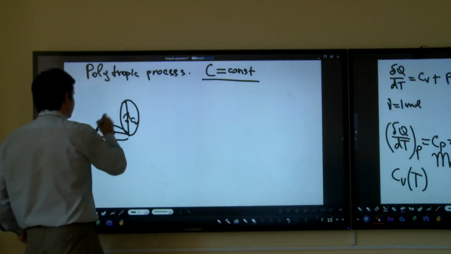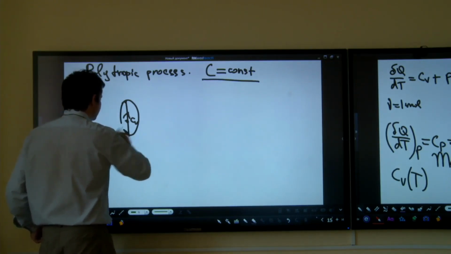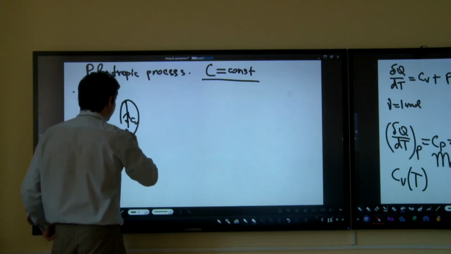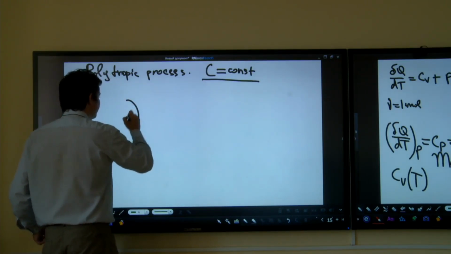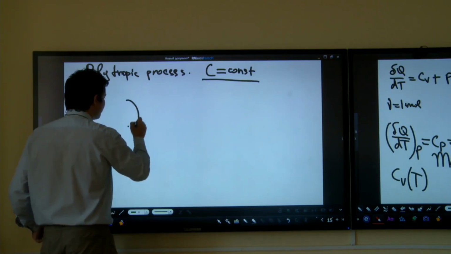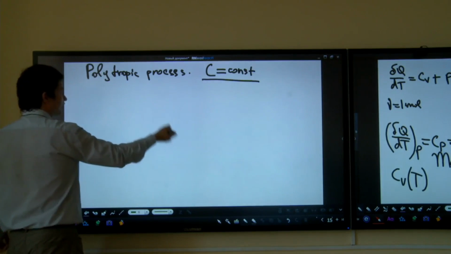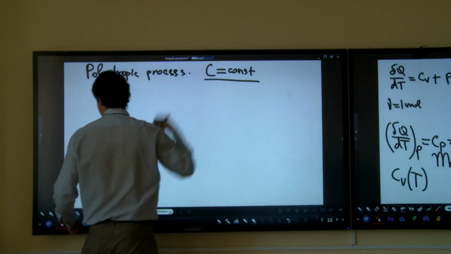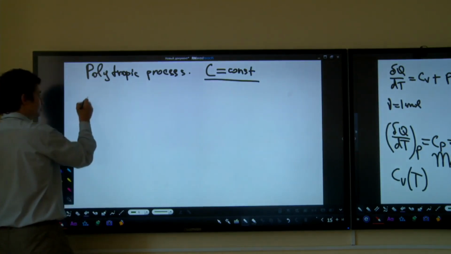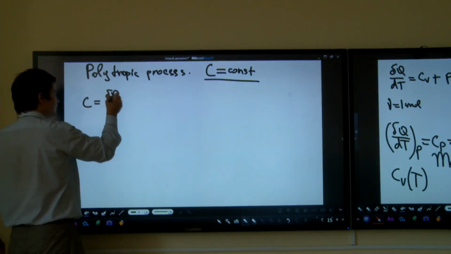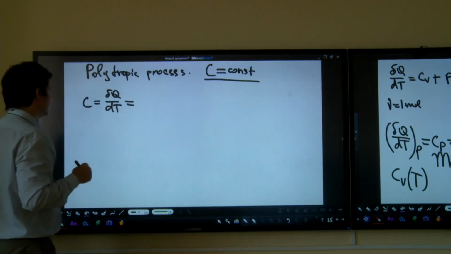So the goal of my next derivation is to find out the whole family of polytropic processes. I assume that the heat capacity is constant, and using this as a condition, I want to determine the equations of all processes which satisfy this condition. So this C is constant. C is delta Q over dT.